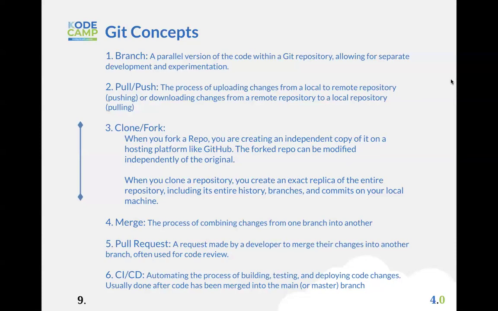Okay, so that concept is known as branching, creating a separate replica of your main code in order to make changes or updates before applying it again to your main branch. So a branch is a parallel version of your code within your Git repository that allows for separate development and experimentation.